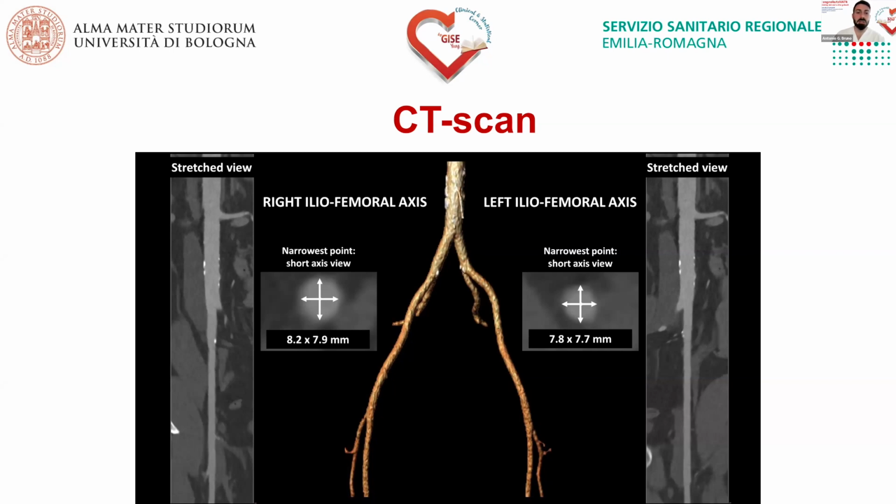As you can see, the iliofemoral axis is not an issue because there are no tortuosity nor severe calcification or stenosis. And the narrowest point on both sides is about 8 millimeters, so no issue at this level.